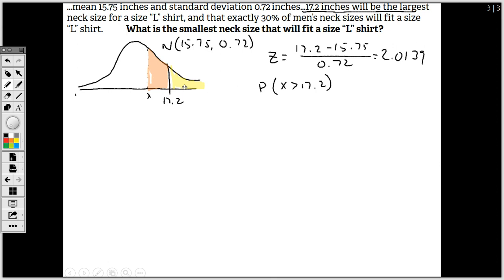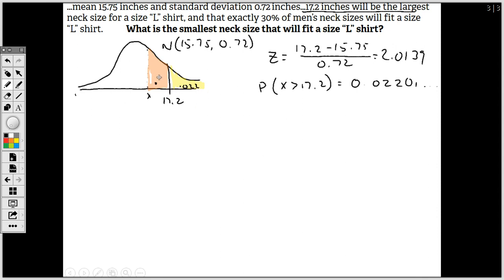My lower is 17.2. My upper is 99999999999, the biggest neck you can ever imagine. My mean is 15.75. My standard deviation is 0.72. I hit paste, and I got this probability to be 0.02201, and so on. Now, that's this. This is 0.022.